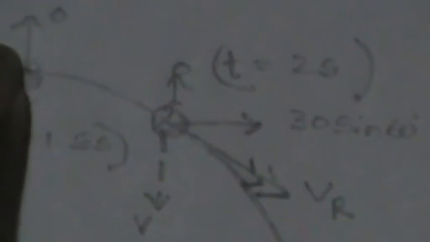If this is 1.5 seconds to the maximum height, the object has traveled only 0.5 seconds between the maximum height and the position we are considering. So we don't know the height of the object at t equals 2 seconds, and we have to find v.